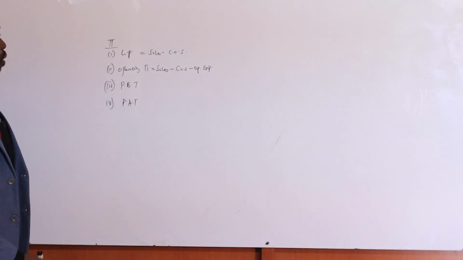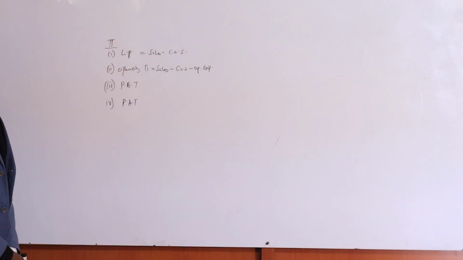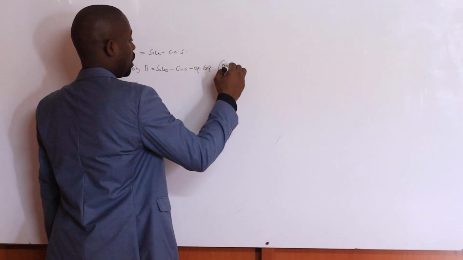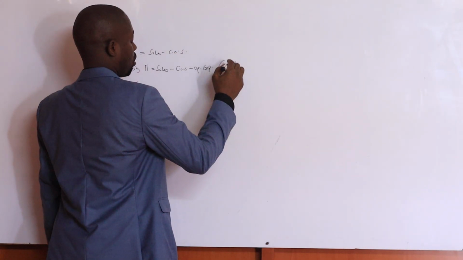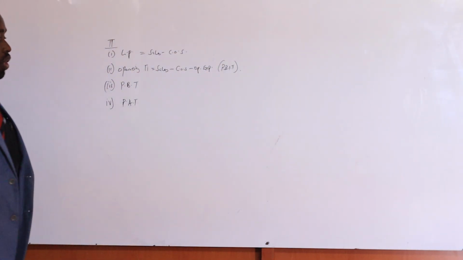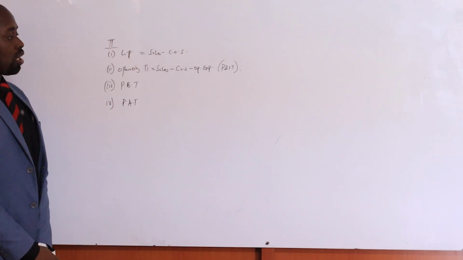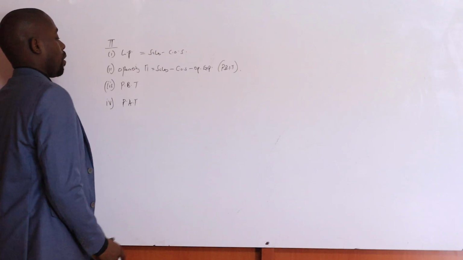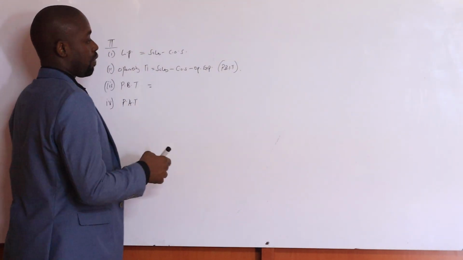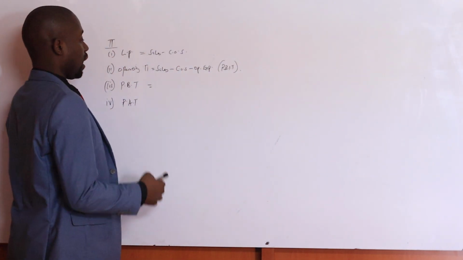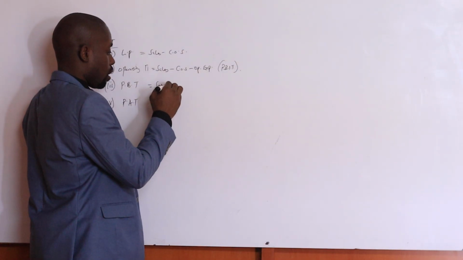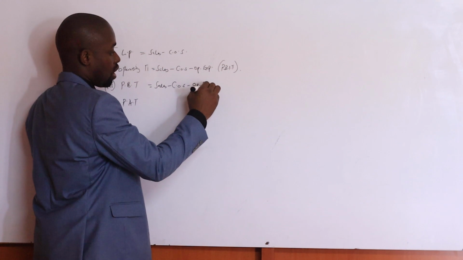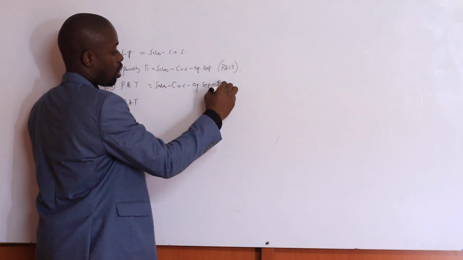It is also known as profit before interest and tax, or earnings before interest and tax, commonly known as EBIT. Then, what if we deduct interest? What do we get? When you take sales, less cost of sales, less operating expenses, less finance costs.